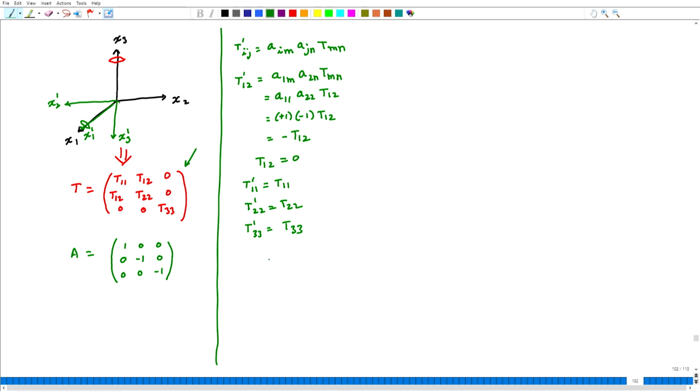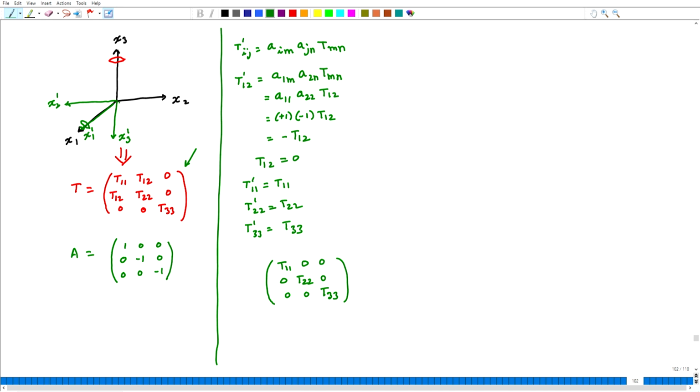The final tensor under the action of two-fold axes around x1 and around x3 would be simply T11, now T12 has gone to 0, this is 0, this is T22, 0, 0, 0, T33. Why did we not consider, let us say, the components like T13 and T23? Because they are already 0 under the action of two-fold rotation along the x3 axis.